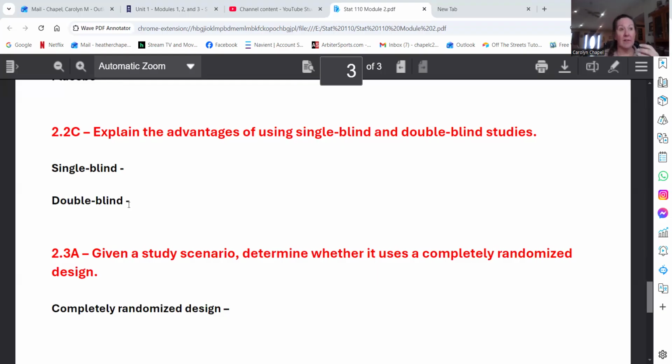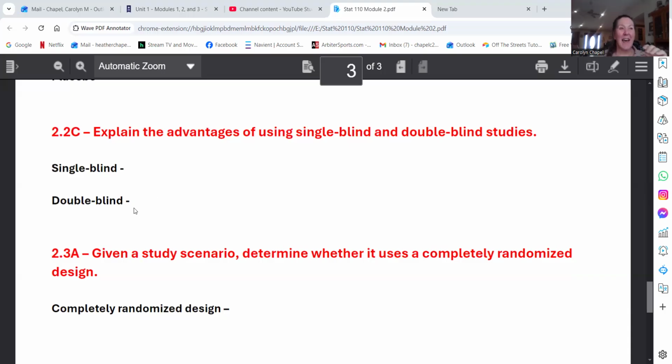A double blind is when I don't know what group I'm in and the person giving the medication does not know what group they are in. So those two immediate people are not aware of what group they are in.